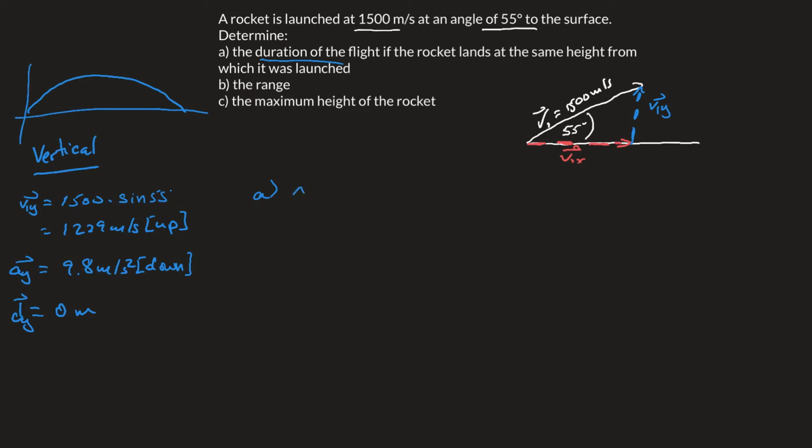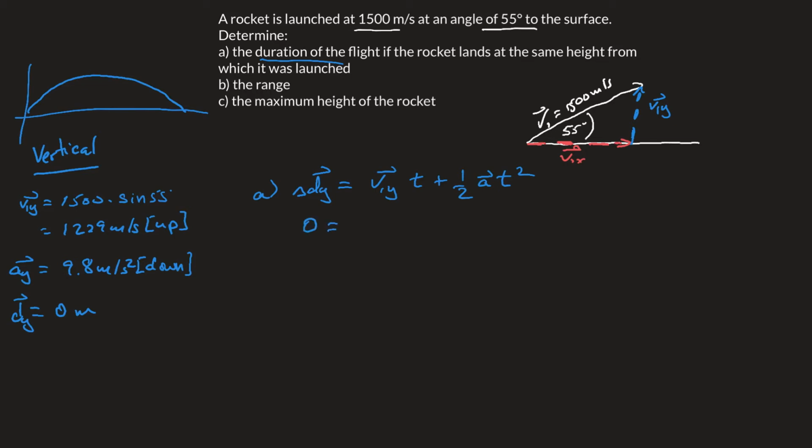So we can start off by looking at our change in displacement, and that is going to be equal to our initial velocity in the y direction times time plus 1/2 times acceleration and then time squared. So obviously we have no net change in displacement, so that's 0.